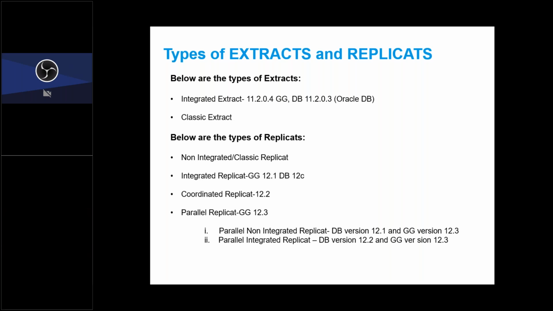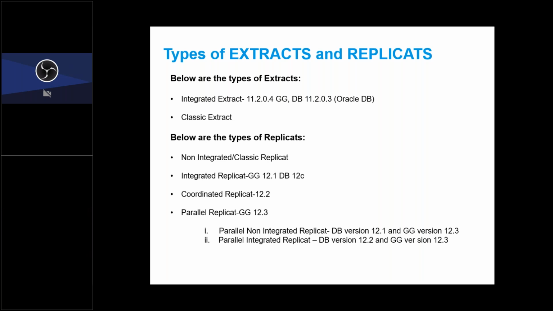Along with that, we discussed the impact part earlier, high performance improvement with low impact. The impact on the source database when you use integrated extract is much lesser than classic.